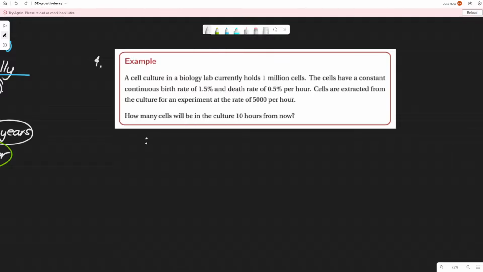So y sub 0, yung ating initial population is 1 million, 1 times 10 raised to 6. Of course, t sub 0 is equal to 0. Okay, now, are we just going to plug this one inside the equation? Sige nga, if we're going to be asked, is this just simply plug and play to the equation? Tama po kayo, hindi.